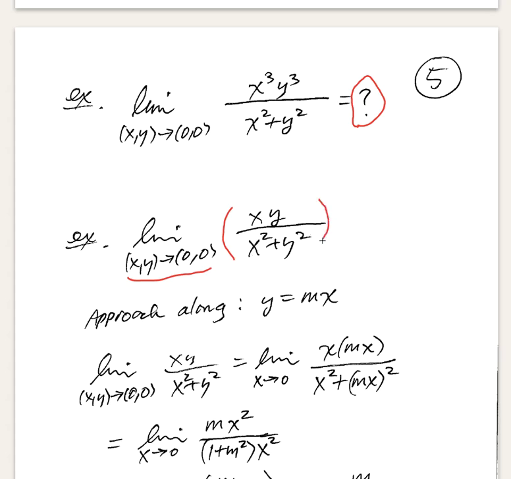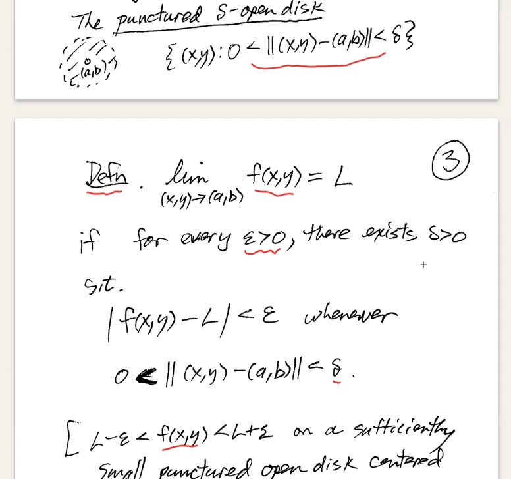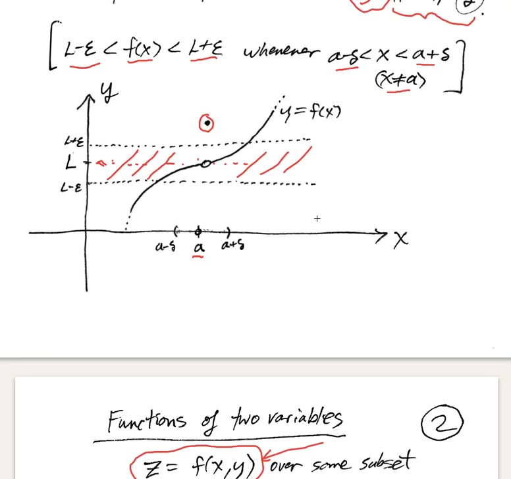Now, something I want you to be aware of as we go through this. When we were talking about a limit as x approaches a, say, in Calc 1, you could only approach a from two directions, right? You could approach from the left or from the right, or from above or from below. There's only two ways to approach a.